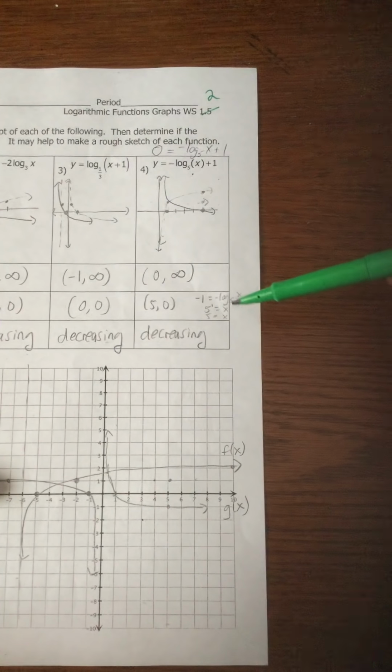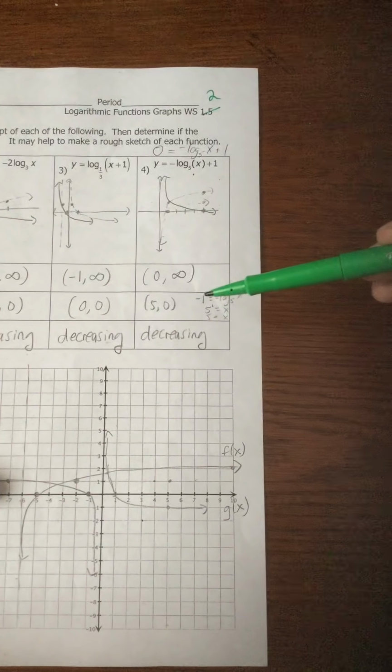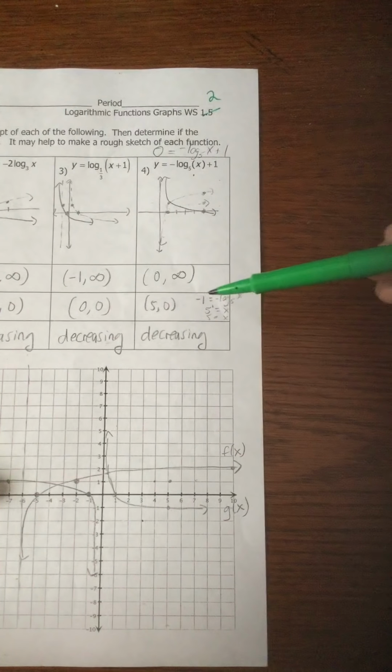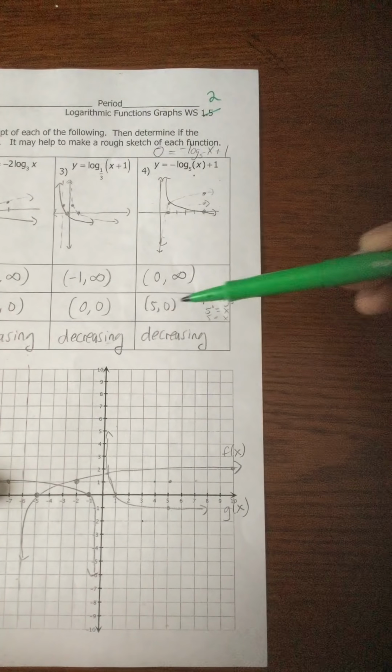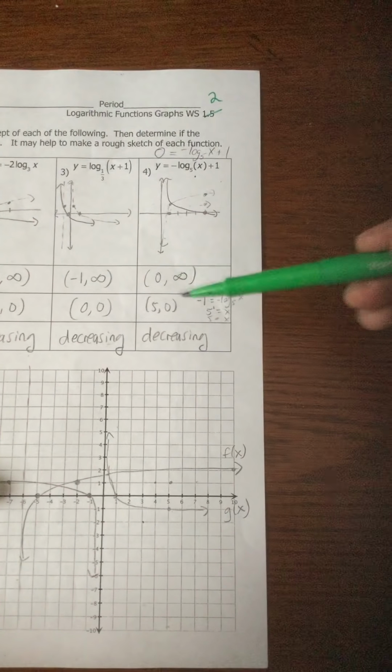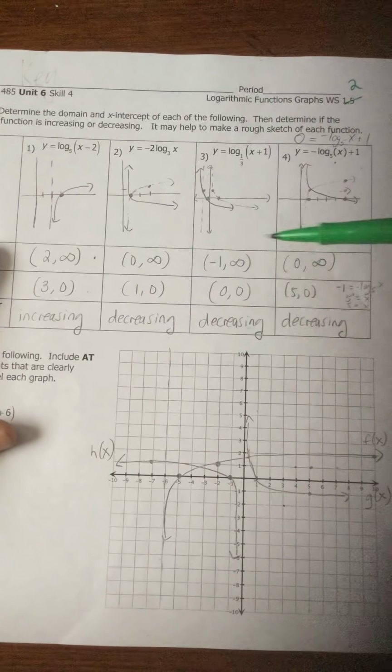So I think I actually have it written down here a little nicer. We're going to move the 1 over, so negative 1. We're going to divide both sides by negative 1, so this should read 1 equals log base 5 of x. And then we go 5 to the first equals x, and then x equals 5, 5, 0. And then the domain and the increasing, decreasing is just like we did over here.